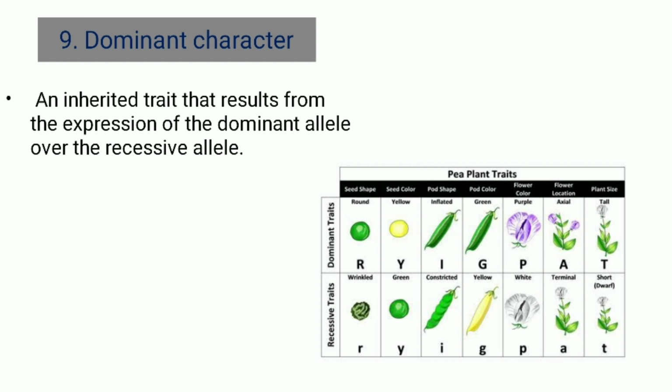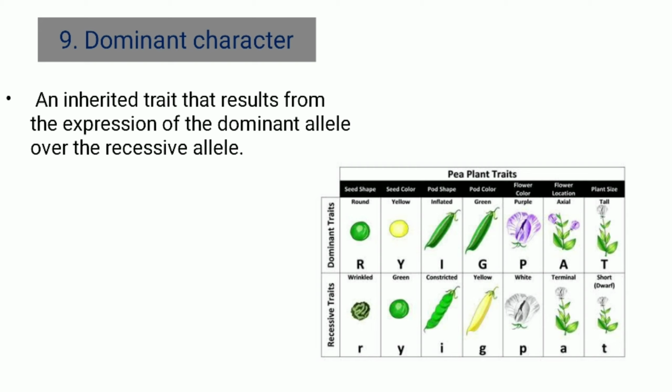Dominant character. A dominant character is a result of a dominant allele. The dominant allele masks or hides the expression of the recessive allele. It is an inherited trait that results from the expression of the dominant allele over the recessive allele. The dominant characters are round, yellow, inflated, green, purple, axial, and tall.